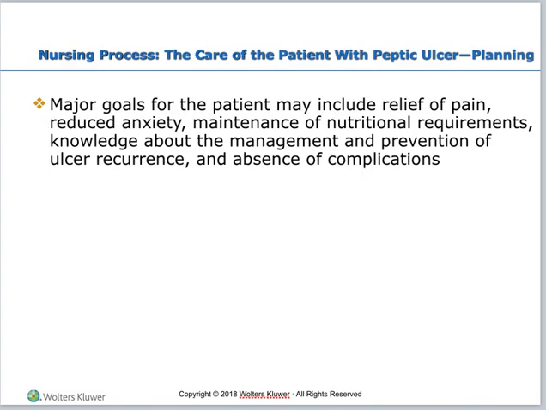All right, nursing process. How are we going to take care of these patients? We want to reduce anxiety, make sure they're getting adequate nutritional requirements, teach them about their medication plan, prevent ulcer recurrence, and prevent complications.